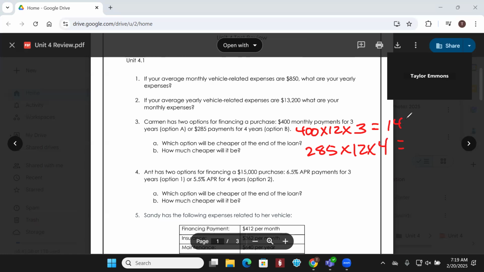So the first one was 14,400 and the second one was 13,680. So the second option would be better. And then you subtract those two. We good?